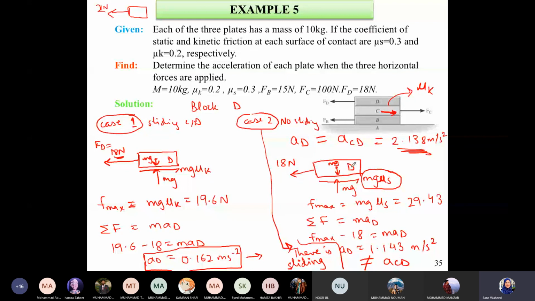Right? लेकिन we do know कि वो friction की value क्या होगी, right?